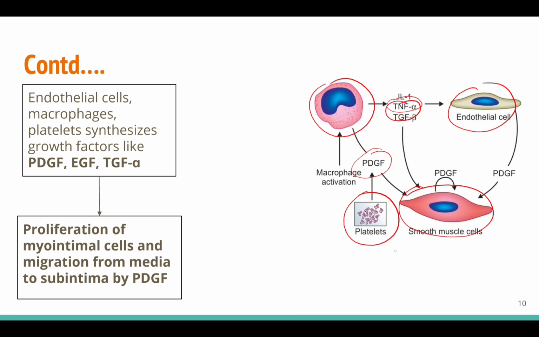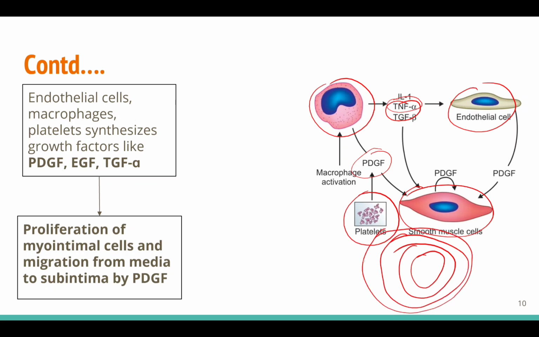We can revise a little bit about layers of the vessel. The inner layer is known as intima, the middle layer is media, and the outer layer is adventitia. So due to these platelet-derived growth factors, smooth muscle cells which are present in the media layer get migrated to the intima layer.